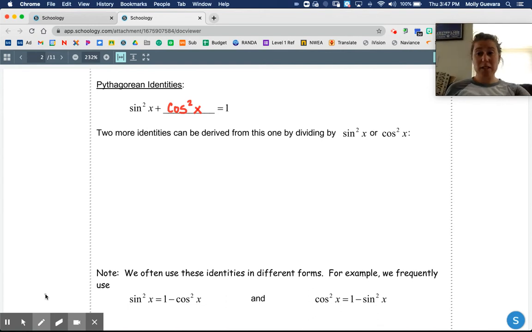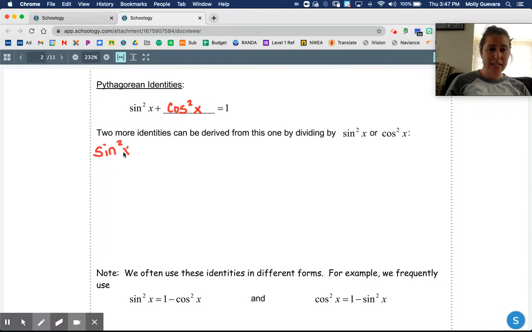And then we've talked about this already, but there's 2 identities that can be derived by this by dividing by either sine squared or cosine squared. So when we do that, I'm going to write down the Pythagorean identity. So sine squared plus cosine squared equals 1. So let's just divide by sine squared first.